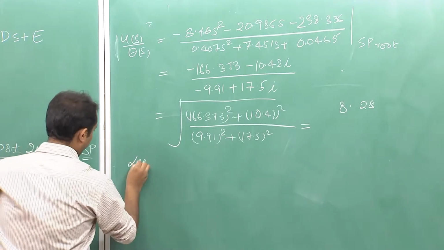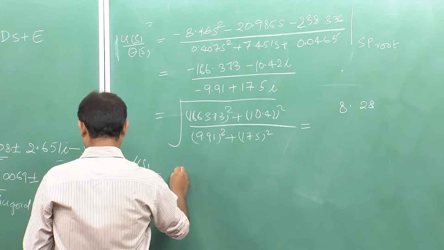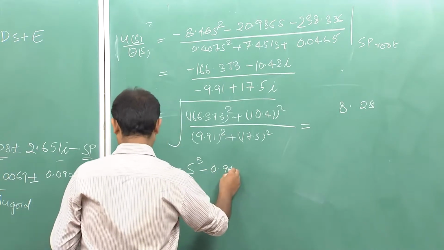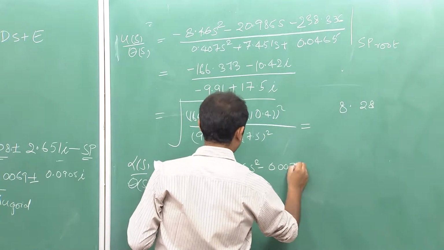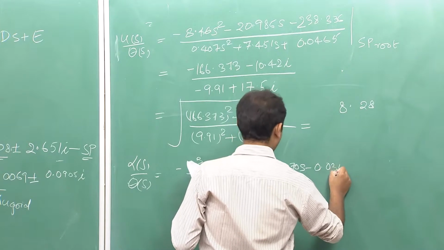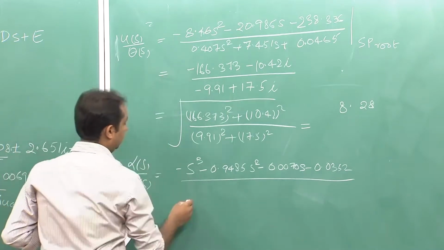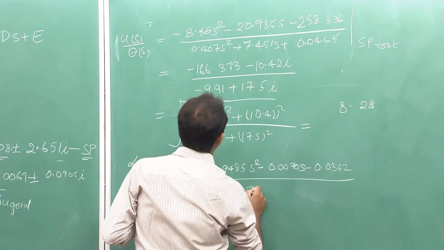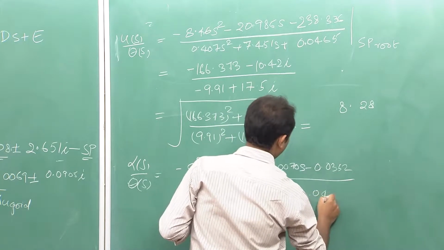Similarly, alpha of s upon theta of s was minus s cube minus 0.9485 s square minus 0.0070 s minus 0.0352 divided by, since the denominator was the same, so this will be similar, 0.407 s square plus 7.451 s plus 0.0465.